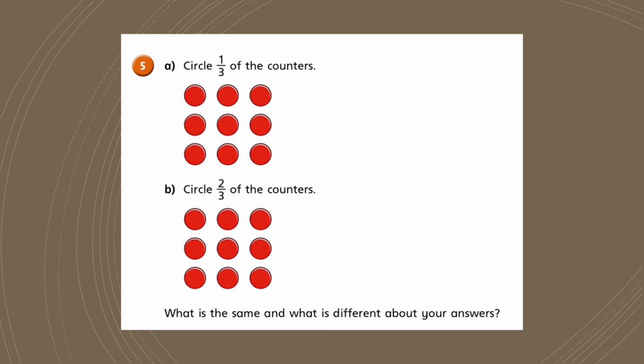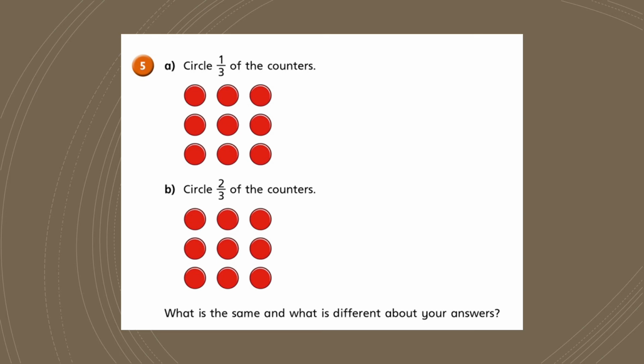So how many counters do we have? We have 9. And I would divide it by your denominator, by the third, by the 3. So 9 divided by 3 is, how many 3s in 9? 3. So I would circle 3.